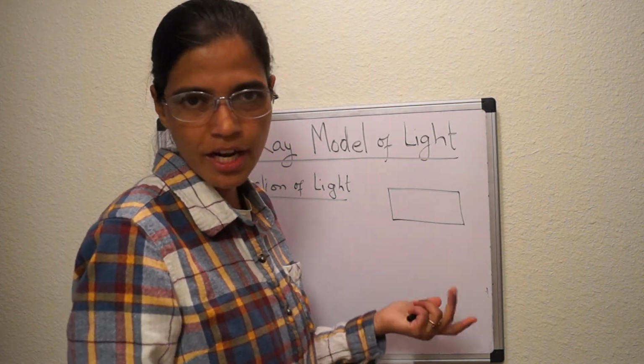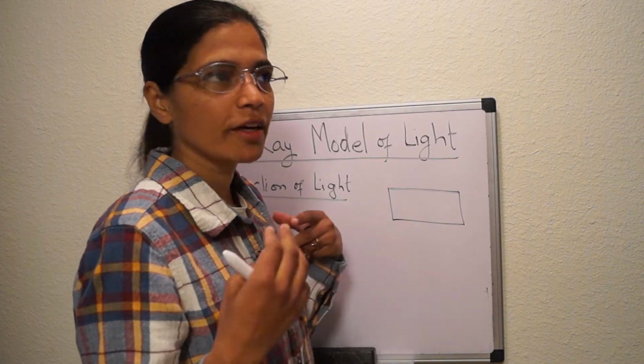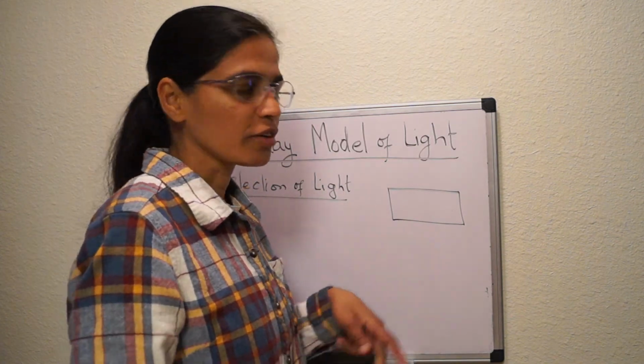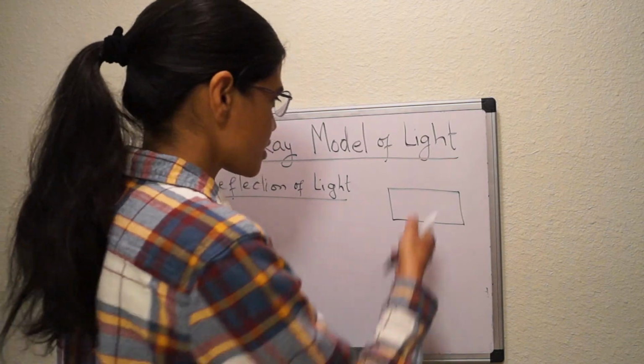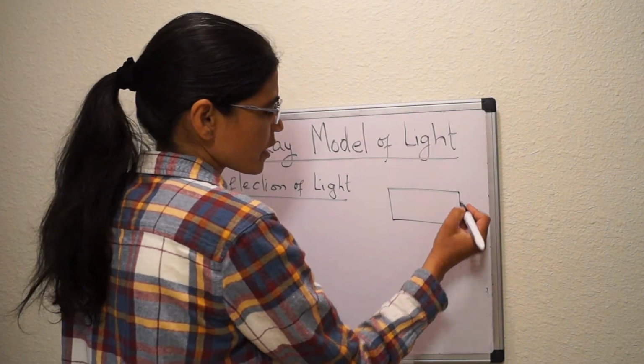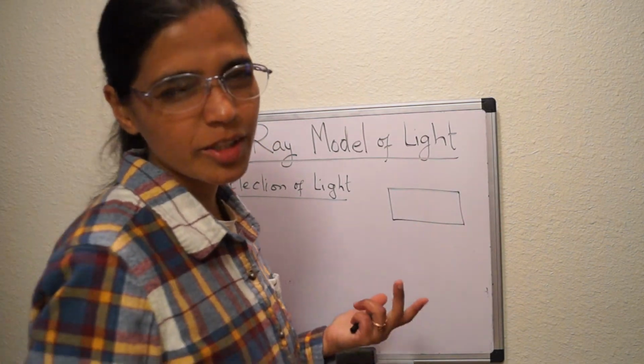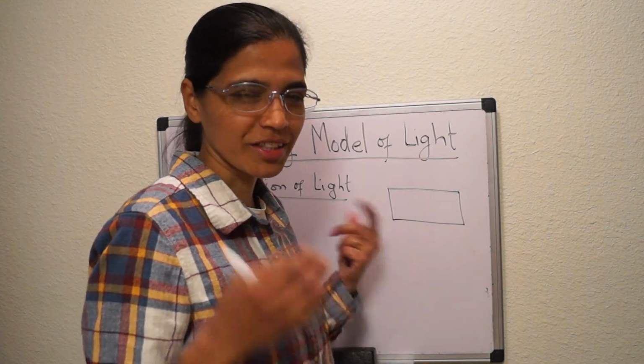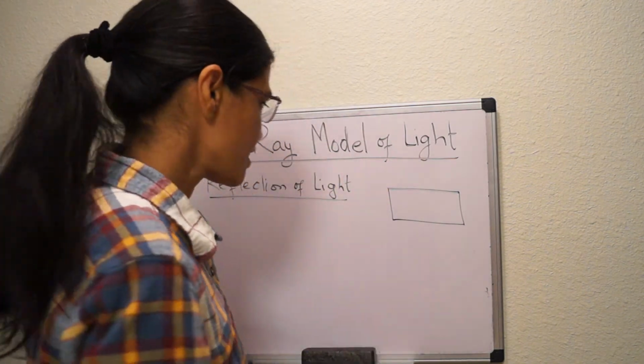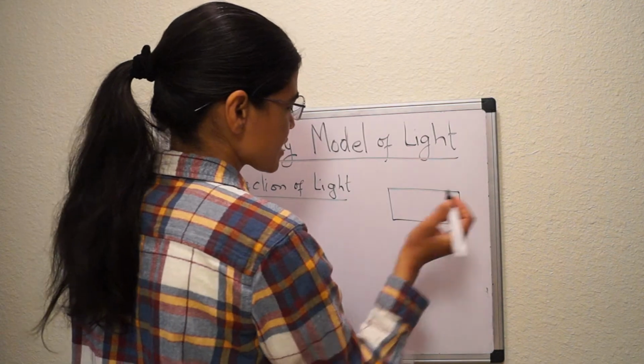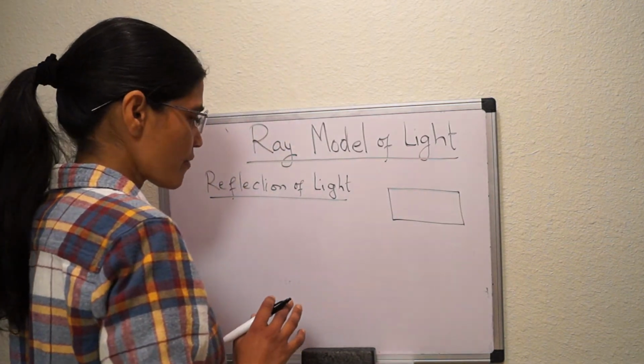It could be air, it could be vacuum, it could be glass, it could be other things. But whenever we talk about light, we are mostly talking about a transparent medium, because we need to be able to see what's happening. So let's say this is some transparent medium we have here.